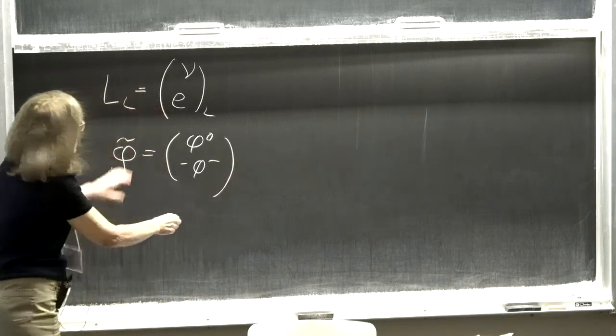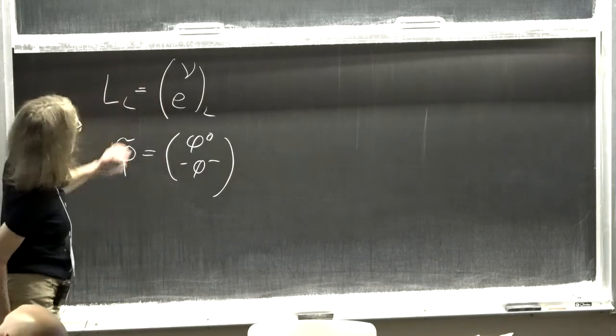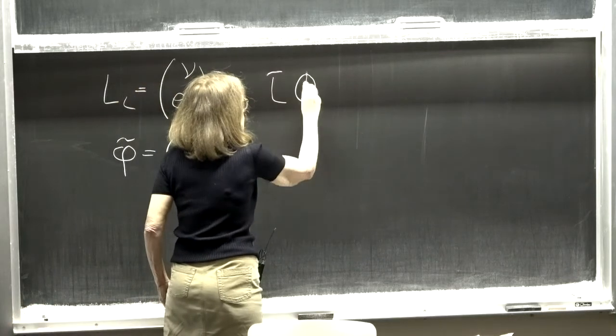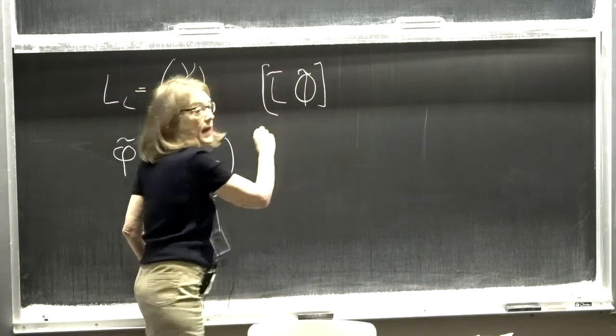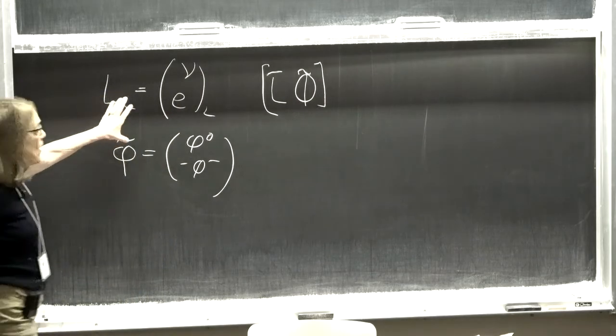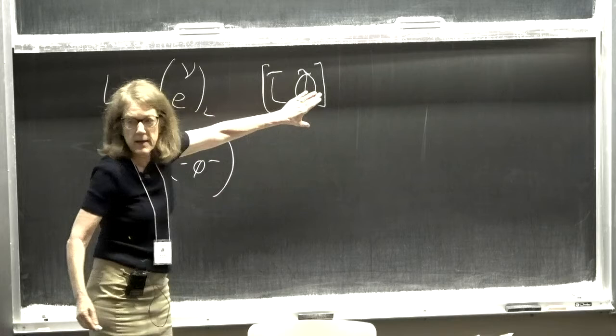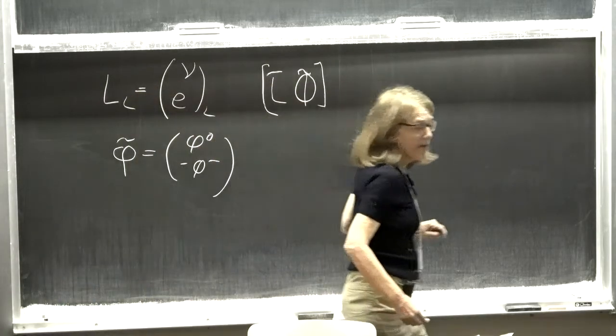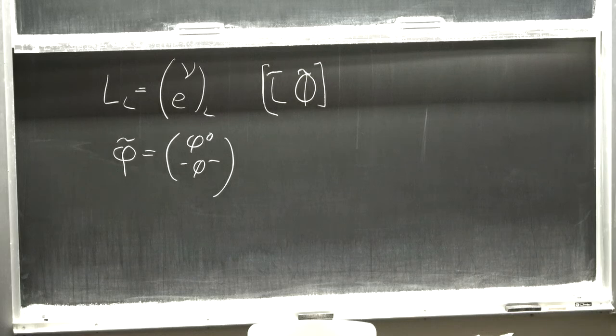So we can put these 2 things together. L bar phi tilde, and we can make it a gauge singlet. So this is the only combination of gauge singlets here. It's because they have the same quantum numbers. So we can make a gauge singlet out of the lepton doublet and the Higgs doublet. So then we can put it together with another one of these.